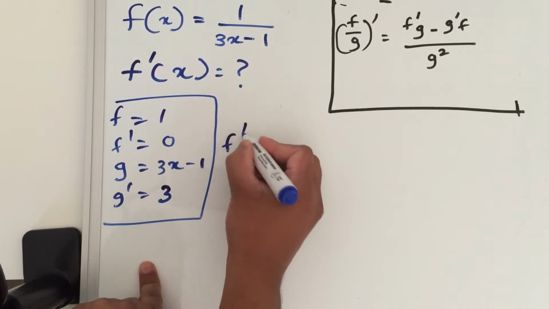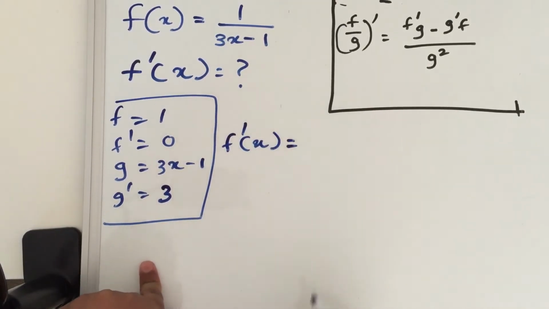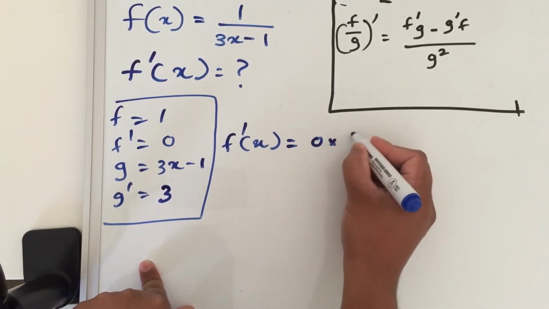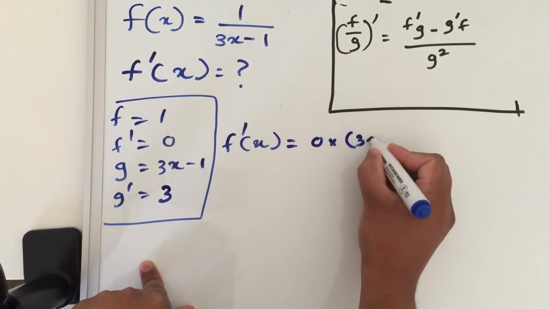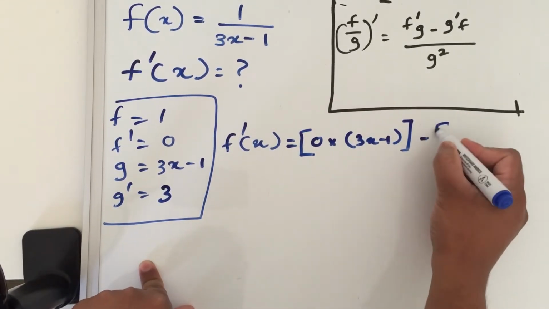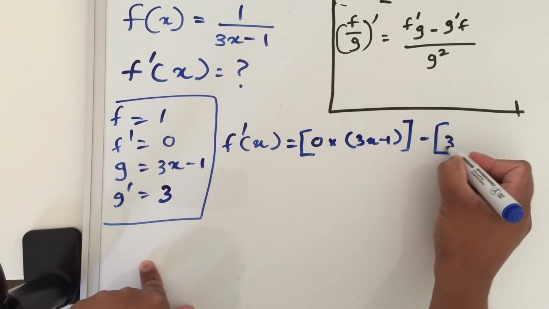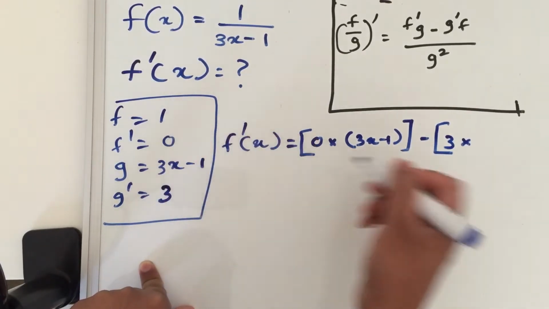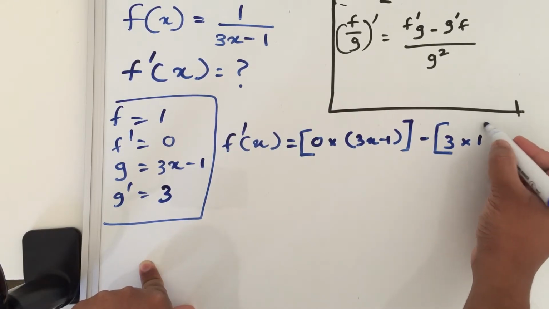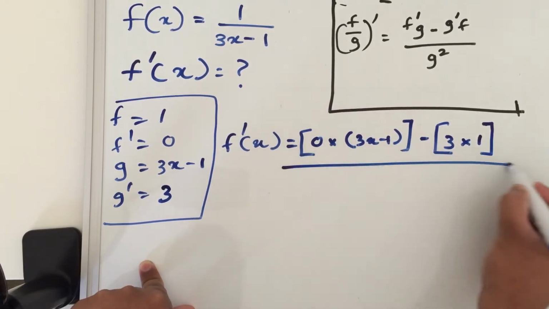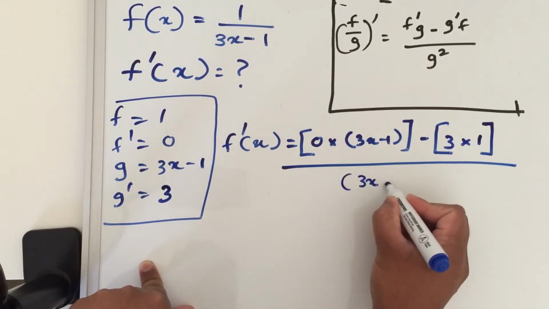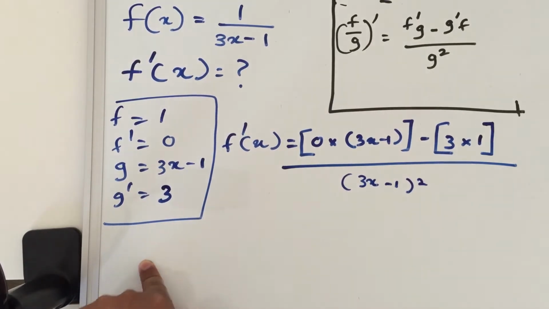So f dash x is equal to the derivative of f, which is 0, times g, 3x minus 1, minus the derivative of g, 3, times f, which is 1, divided by g squared, so 3x minus 1 squared.